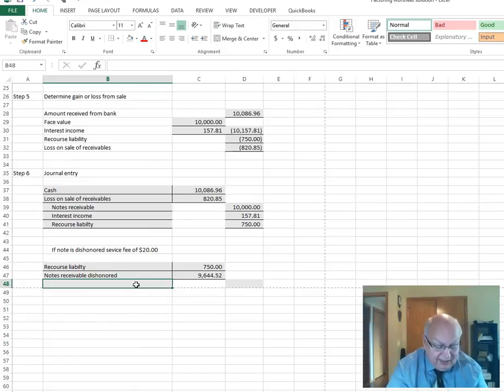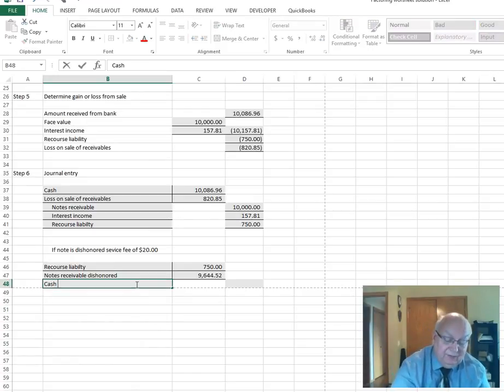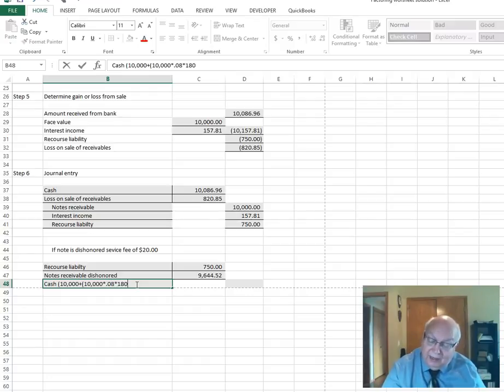And then the cash amount that you have to pay the bank is going to be the $10,000 plus the 10,000 times the 8% times the 180 divided by 365, plus the $20 service fee.